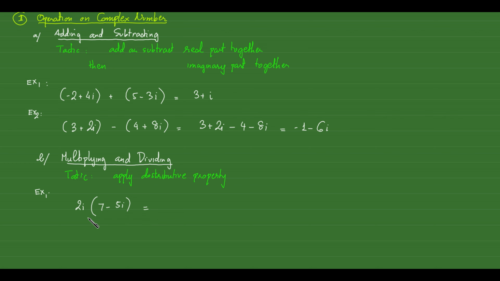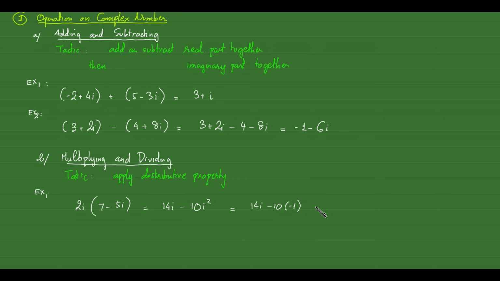Then we just apply the distributive property. 2 times 7 will be 14i, and 2i times negative 5i gives negative 10i squared. i squared gives you negative 1, so this is 14i minus 10 times negative 1.